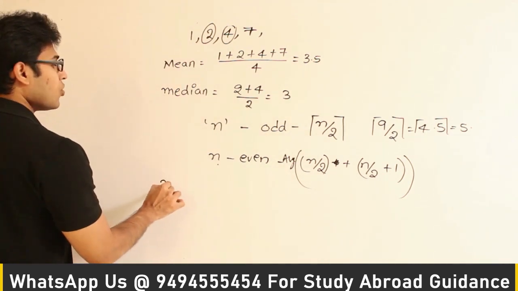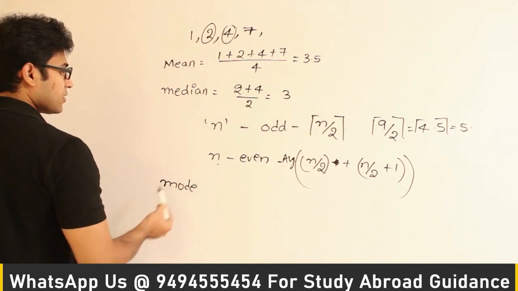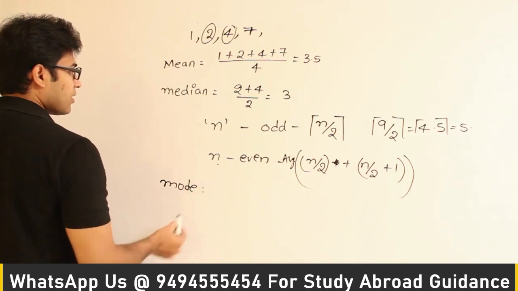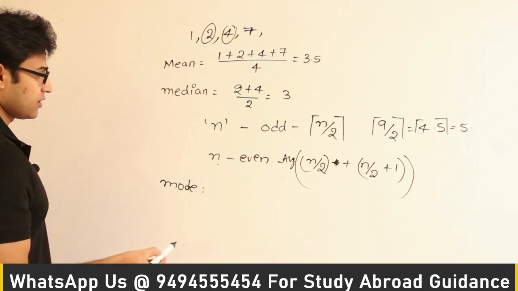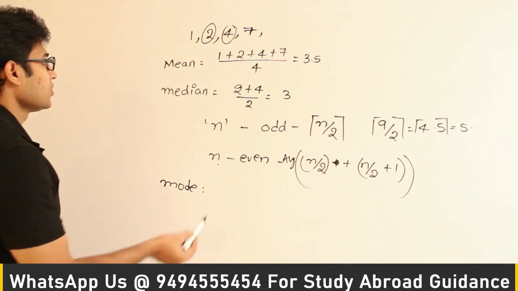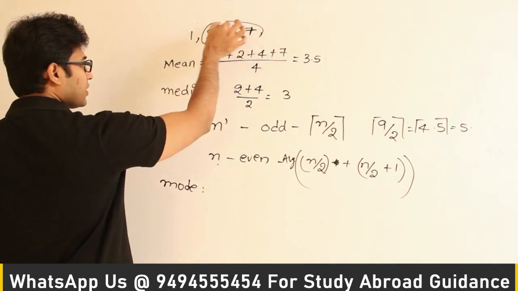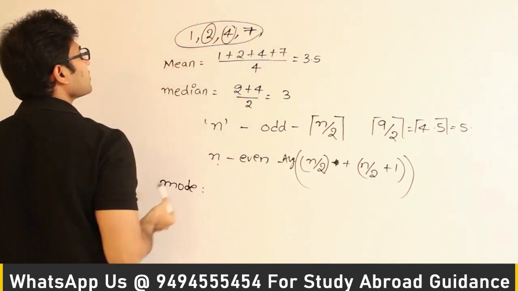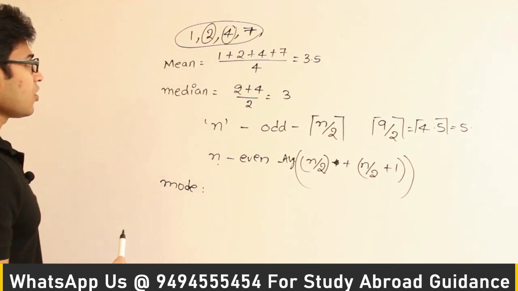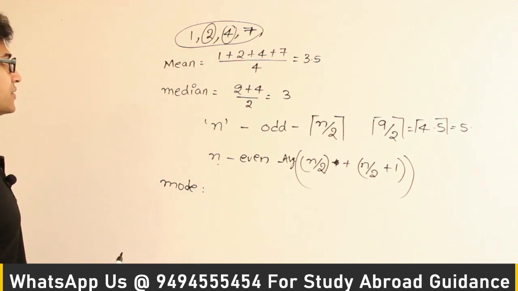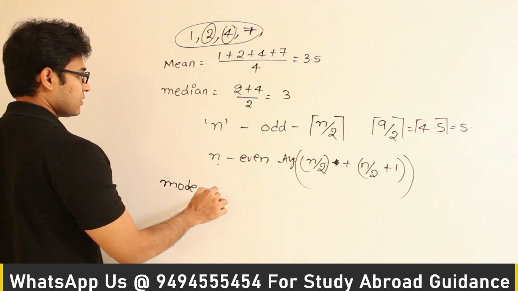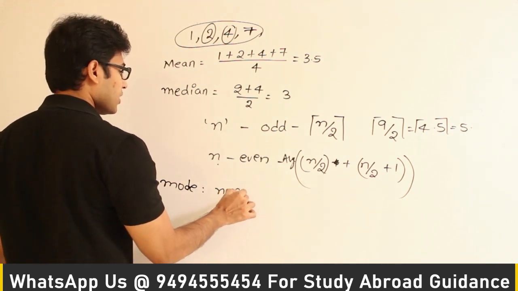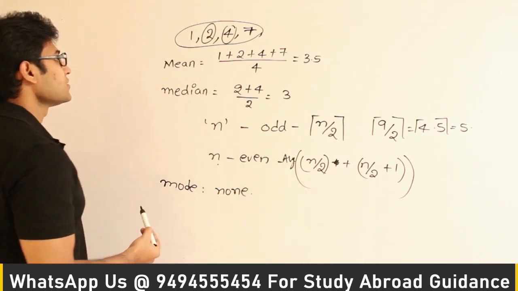And what about the mode? Mode is the number which occurs more frequently. But if you observe this, all the numbers are occurring at the same frequency, or all the numbers have exactly occurred once. Whenever all the numbers have occurred only once, we should say that there is no mode, which means the mode for this case is none.